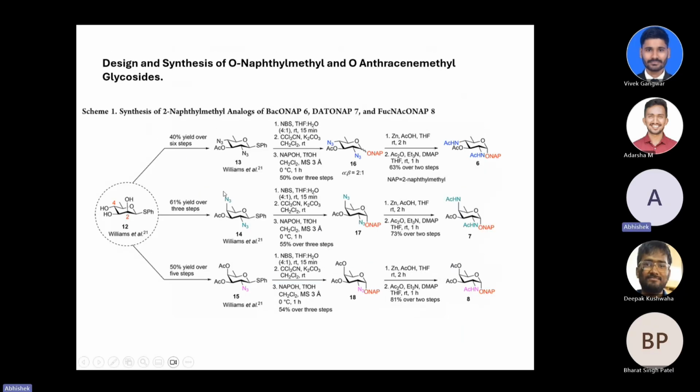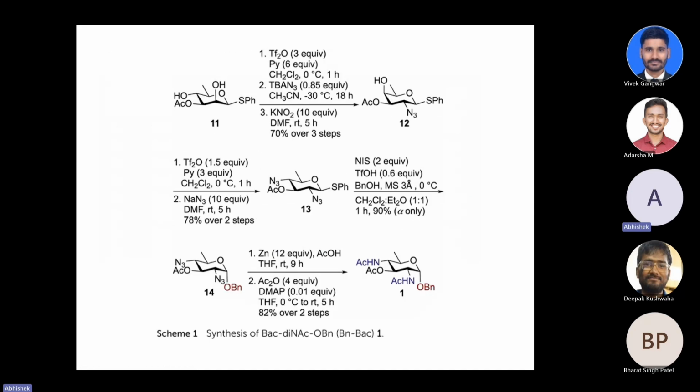And how these molecules, starting from 12 to 13, 12 to 14, 12 to 15, can be synthesized, I'm going to discuss in this slide, taking this thioglycoside product as the starting material. Reaction with triflic anhydride in the presence of pyridine, then using TBA-N3 as a nucleophile to form this 12 compound.